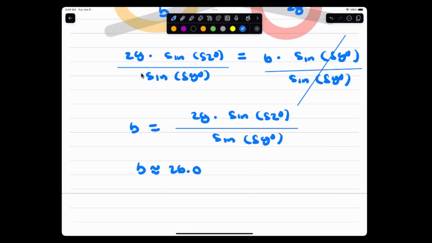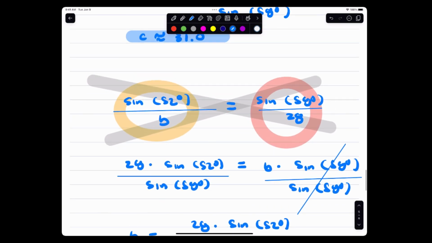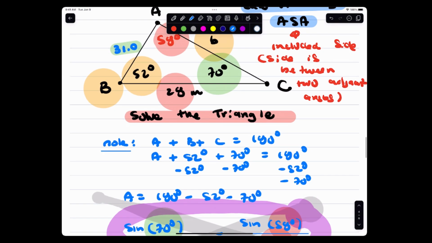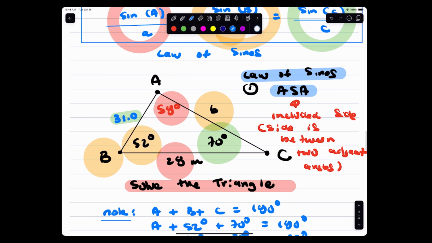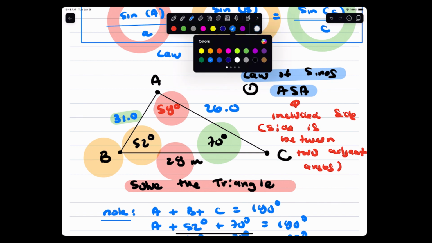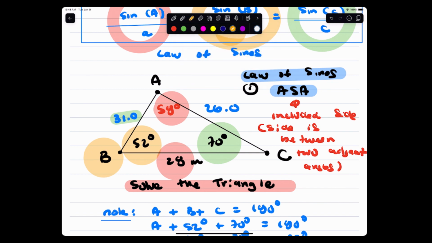All right, ladies and gentlemen, there you go. This is little b. Little b is actually 26. So take a real hard look at this, because congratulations, ladies and gentlemen, you have now done really your first trigonometry problem.